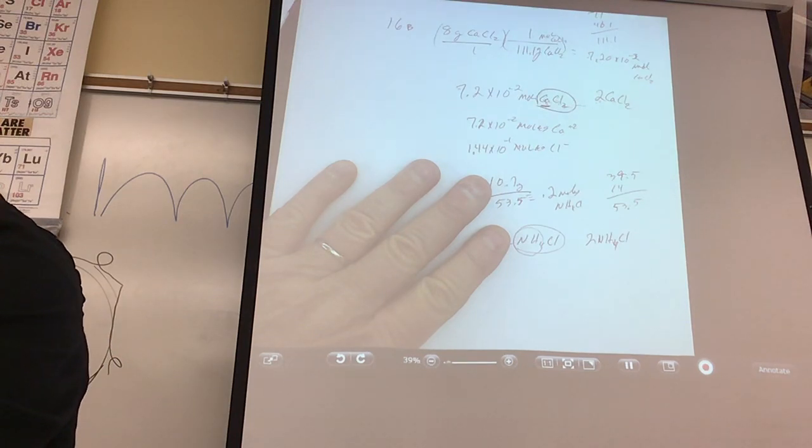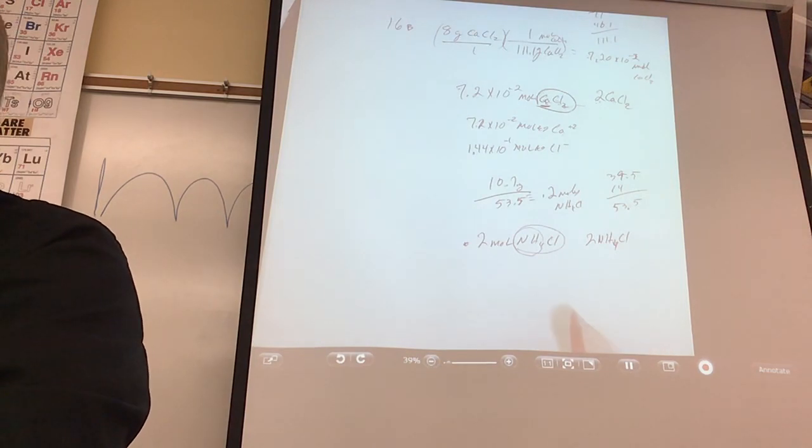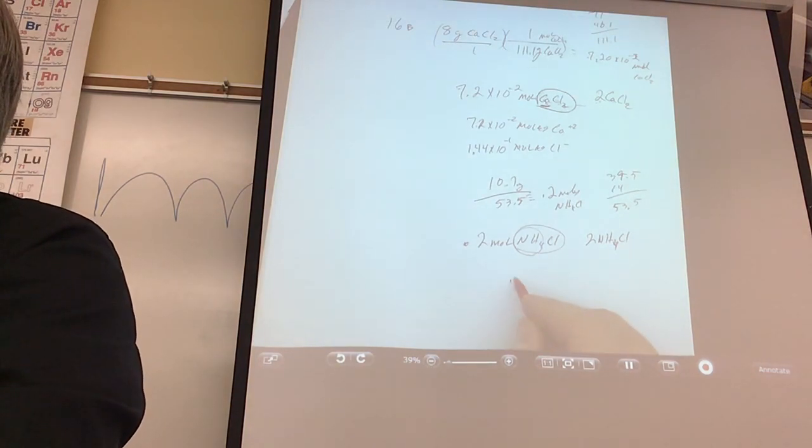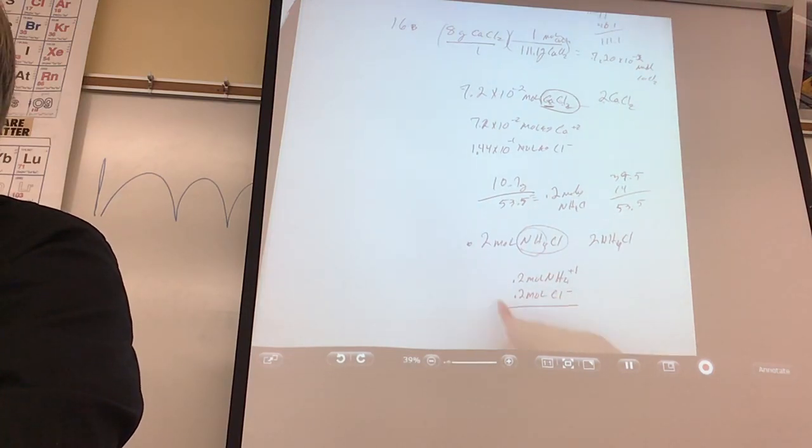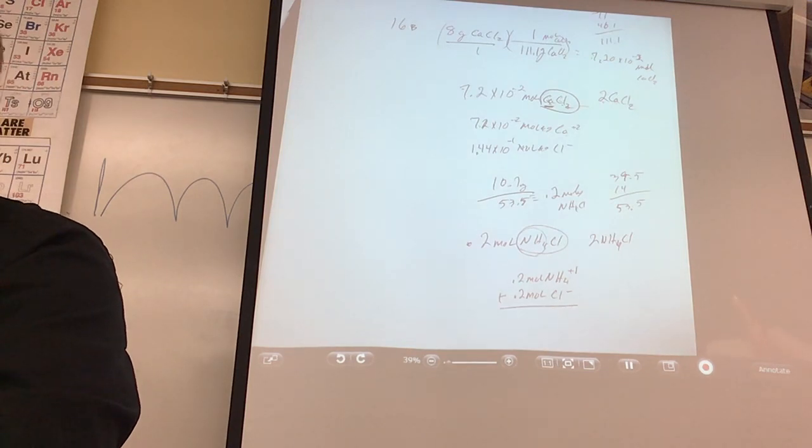And how many moles of chloride ions? 2. What if I give you 0.2 moles of this? Then I give you 0.2 moles of ammonium ions. And what else did I give you? 0.2 moles of chloride. Does that make sense?